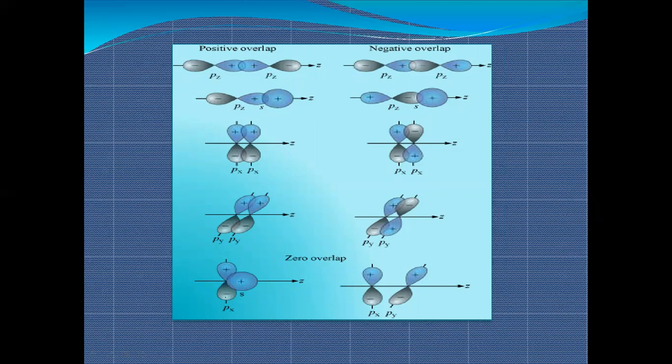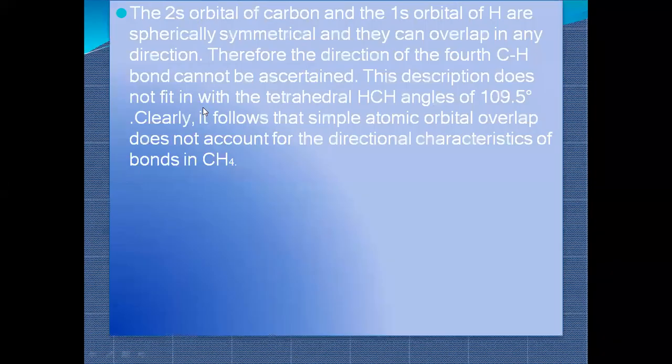It does not make any difference. These are the P shapes. P is a dumbbell shaped structure. Have you seen a dumbbell in a gym? So P is a dumbbell shaped structure. Let us talk about the S shell. S is spherical, so it can connect, join, or overlap in any direction.